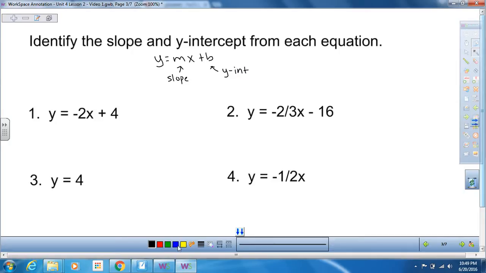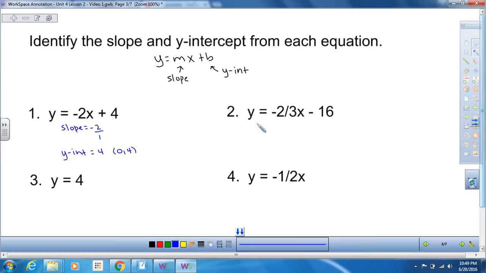Okay. Alright, so the slope is always the one next to x. So my slope here is negative 2. And I'll write that as a fraction, negative 2 over 1. And my y-intercept is 4. Technically, the point 0, 4, that's the ordered pair on the graph. But you can just write 4, that's fine.